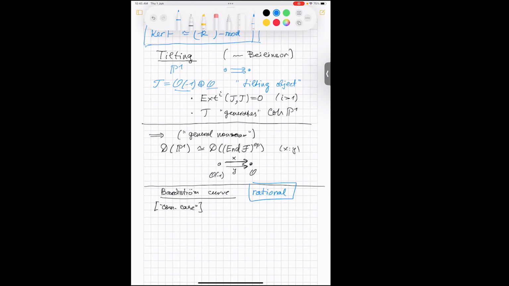Then there is a tilting sheaf, the Beilinson tilting sheaf, just a direct sum of Beilinson tilting sheaves for each line.